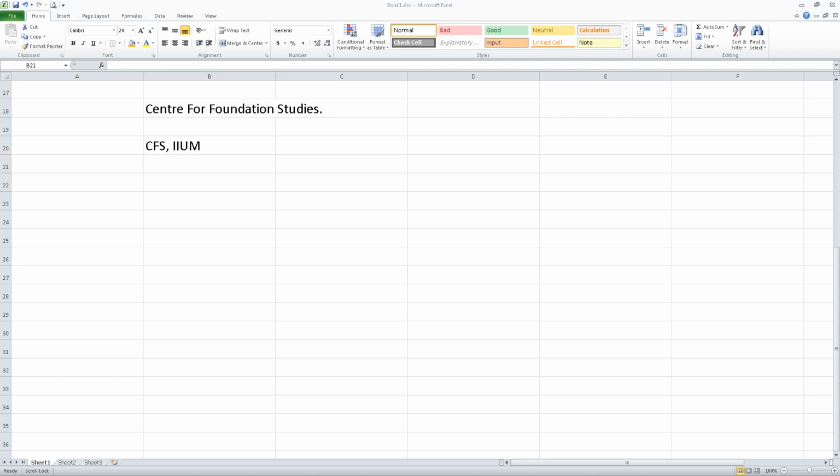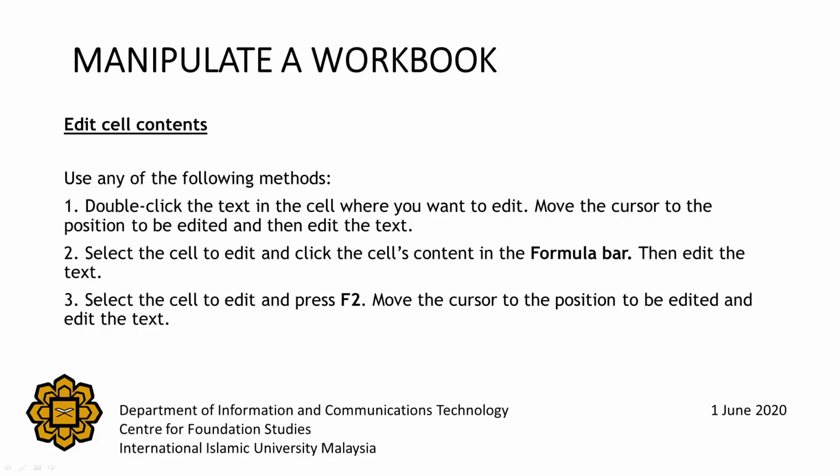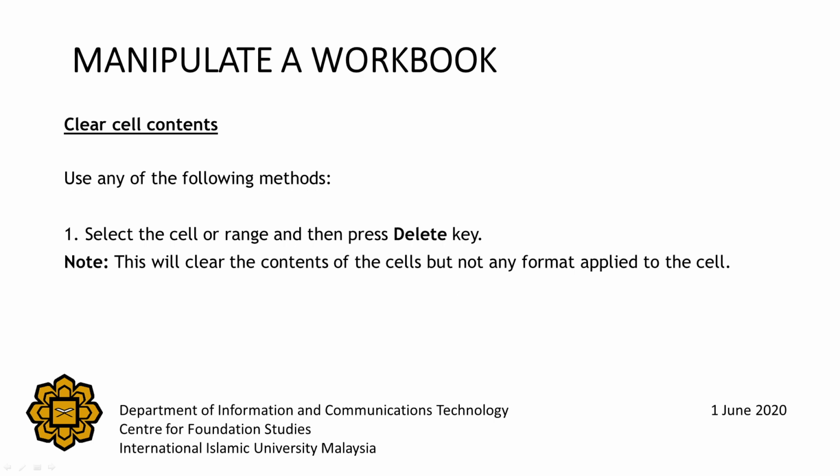Next, you can clear cell contents by using the following methods. First, select the cell or range and press the delete key. You need to remember that this will clear the contents of the cell but not any format applied to the cell.